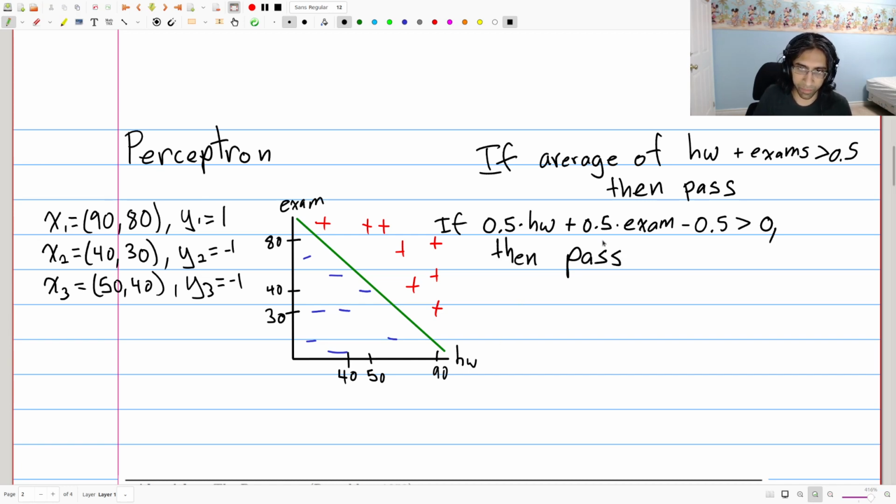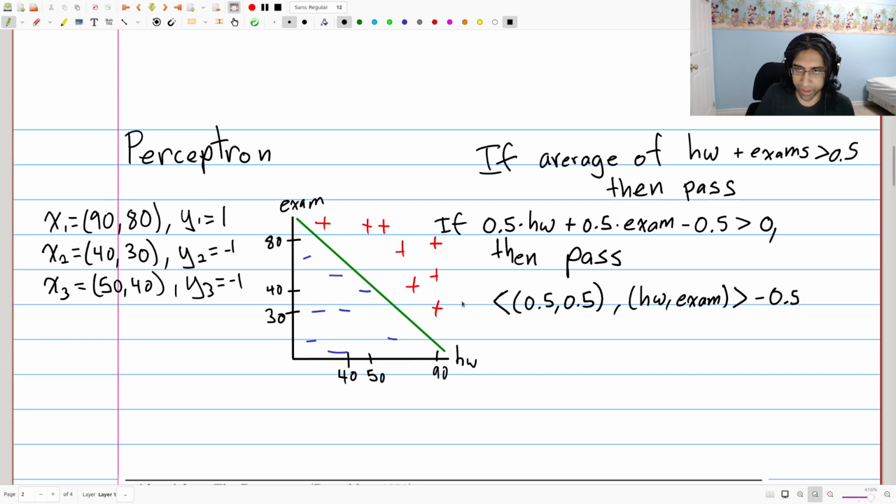And let's modify it a little bit more. Let me write it even a little bit differently. We write this as an inner product, the dot product of two things, (0.5, 0.5) and (homework, exam), and minus 0.5.